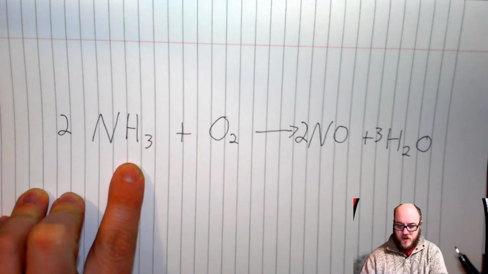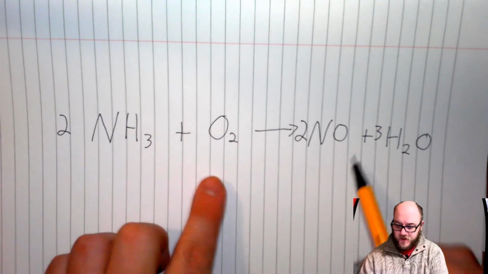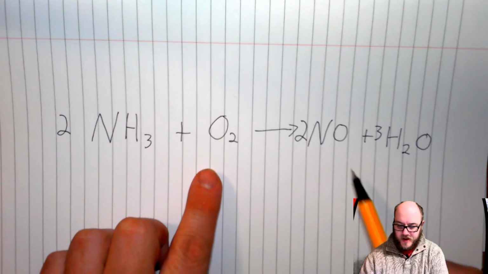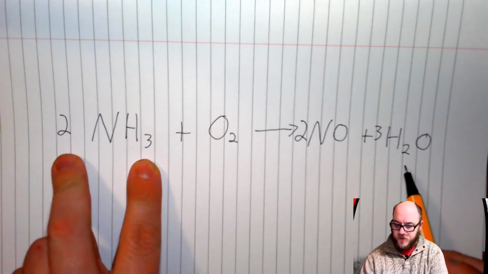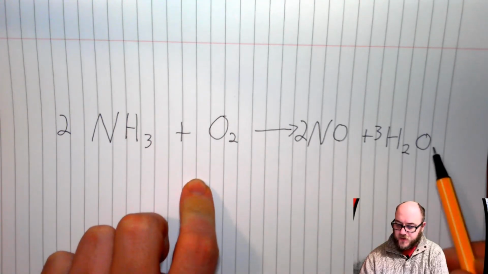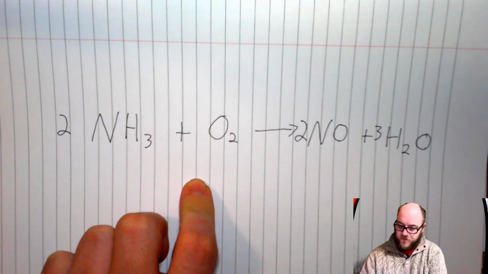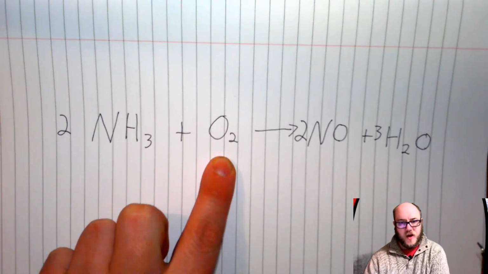So now, have we done it? So I've got 2 nitrogens, and I've got 6 hydrogens, 3 times 2, 3 times 2, and now I've got 2 plus 3, which is 5 oxygens. I can't make 5 oxygens.